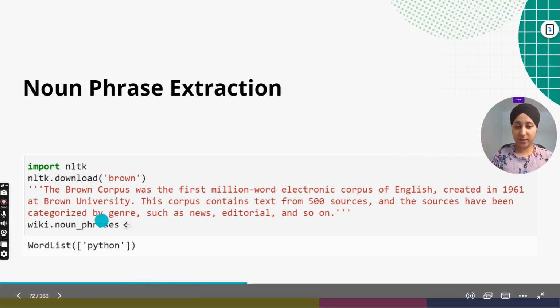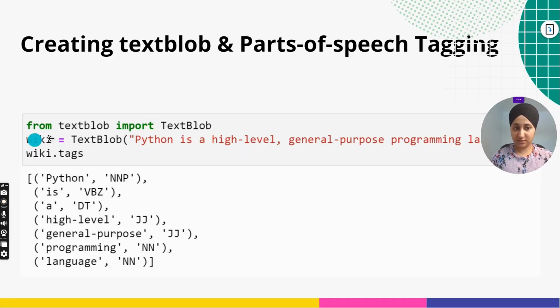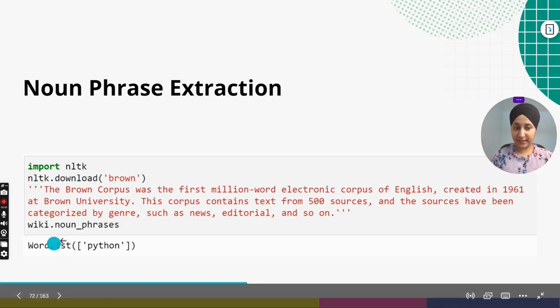Then in order to extract noun phrases, I'm using it with wiki. Wiki is a variable where I stored a sentence, a text, right? So I can show you here as well. So this is wiki, which contains text. So in here it has extracted noun phrases, that is Python, right?